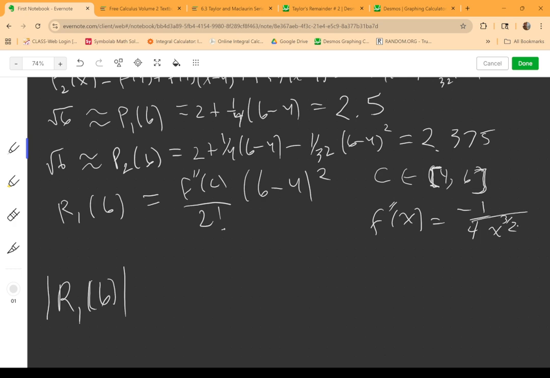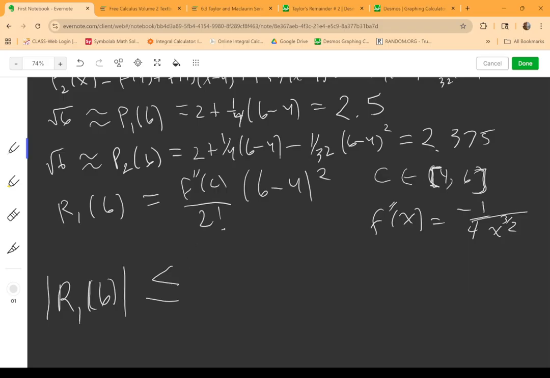Looking at this function, x to the 3/2 is increasing on 4 to 6. So if it's getting bigger, 1 over a bigger number is getting smaller. The actual fraction itself, ignoring the sign since we're taking the absolute value, is decreasing from 4 to 6.